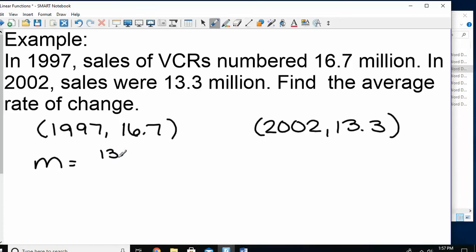So y sub 2 minus y sub 1 over x sub 2 minus x sub 1.